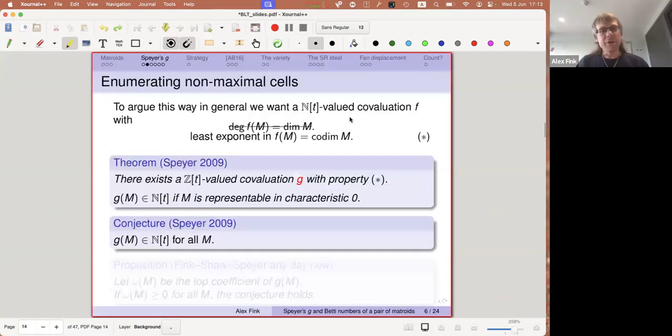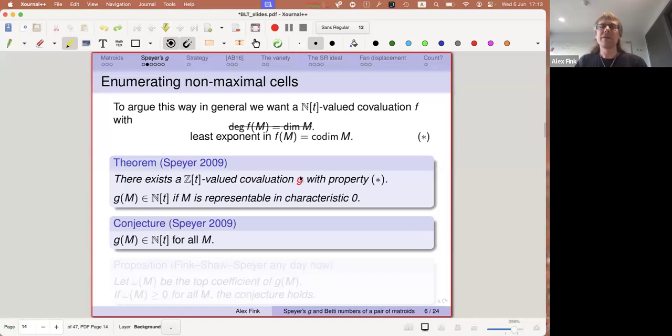And if you replace dimension with codimension, and look at not the degree, but the least exponent, this is the game that David Speyer's g is playing. So David was able to prove that there is this polynomial g that is a polynomial with integer coefficients.